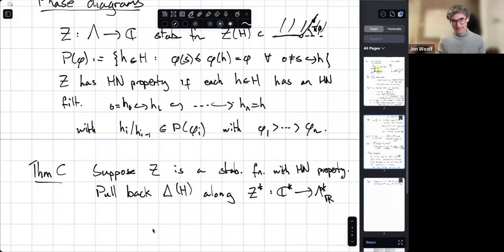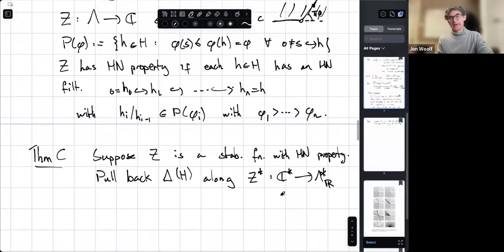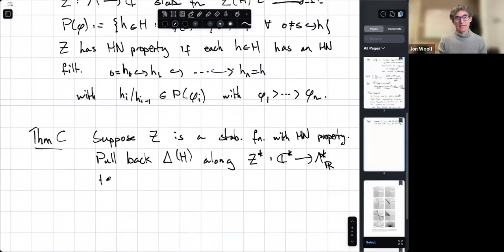So this is the vector space where this fan delta H lives. I can pull back along this. So I just pull back each cone. That gives me a cone in here. And I will get a fan, which we could denote like this, which is now just a fan in C star.